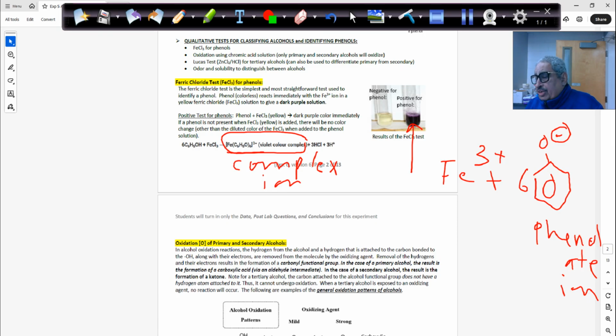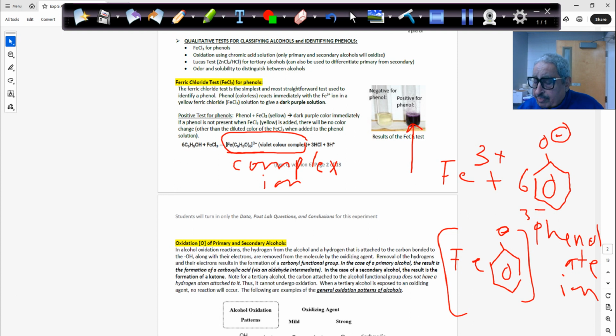So you react it with 3, so you get then iron, and the whole thing is 3 minus. This is 6 of them, so iron 3 phenolate, which looks purple, a violet purple color.